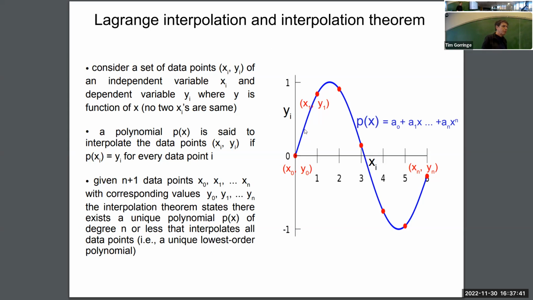So to begin talking about Lagrange interpolation, I want to first talk about the interpolation theorem. It's a mathematical theorem. We're not going to prove the theorem, but it's provable, and it's related to a polynomial that can be matched to a set of discrete data.